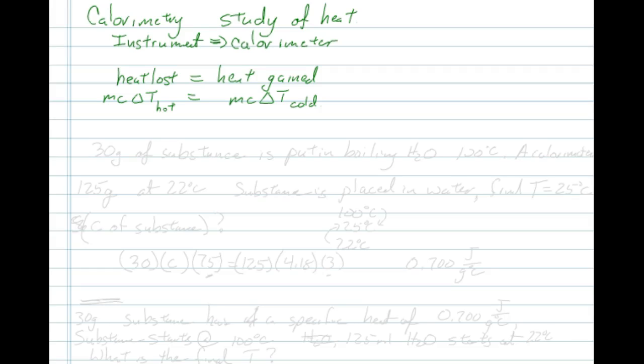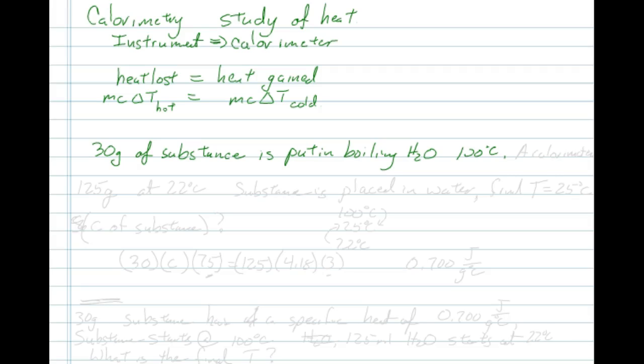For example, suppose you have 30 grams of a substance whose specific heat we don't know, put in boiling water, and the boiling water is 100 degrees Celsius.